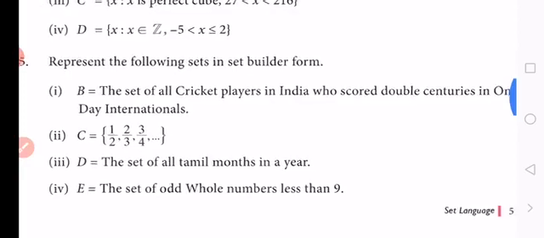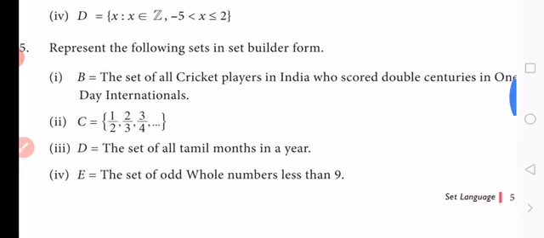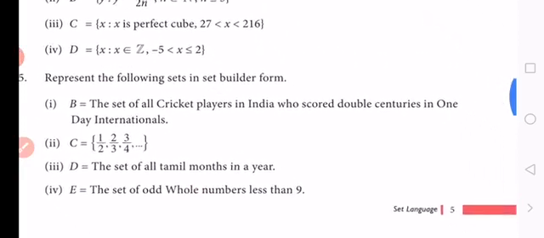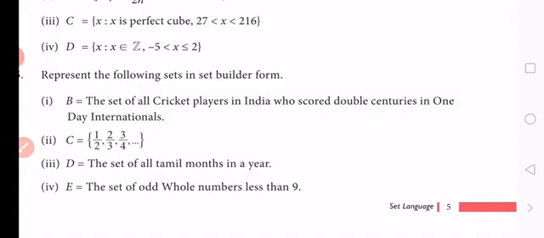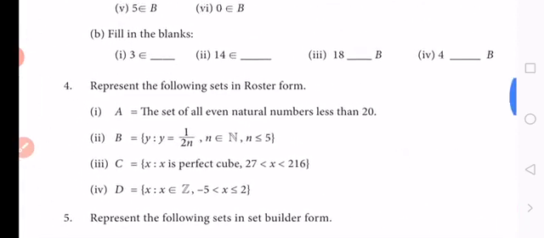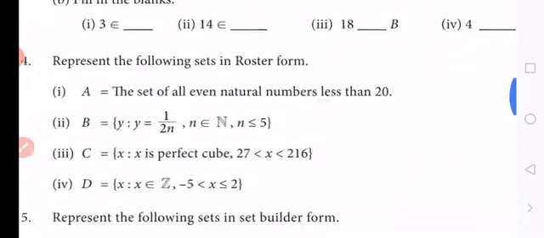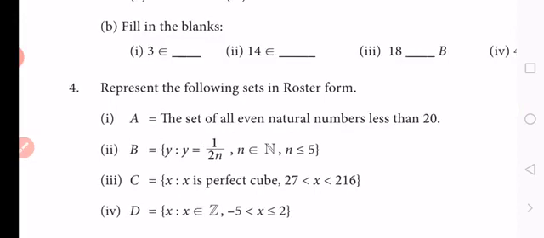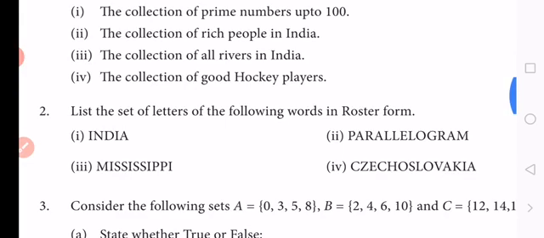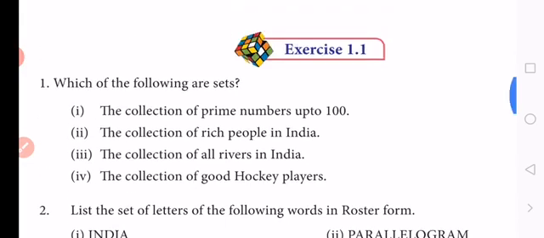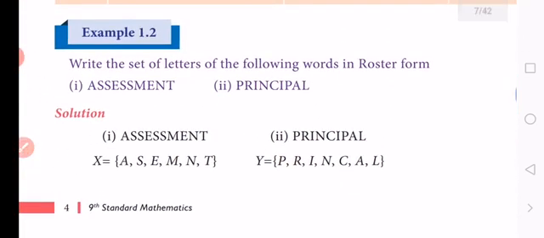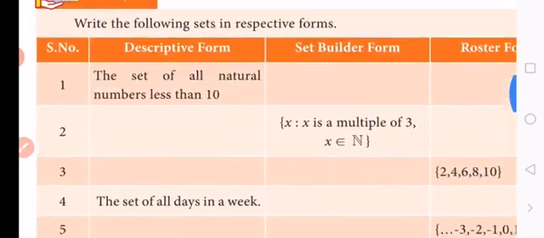I give some time to write. And the fourth one, change it into roster form. Pause this video, then write each one. And the second question, change into roster form. And example 1.2, change into roster form.